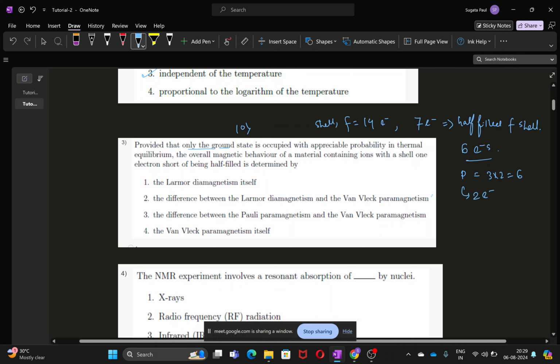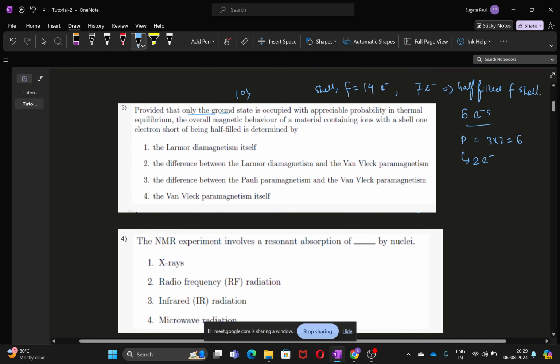Now we have encountered this kind of concept at the start of the week 6 lecture. You can find it out yourself that in such a scenario, mostly you can calculate and see that your total angular momentum J is 0.